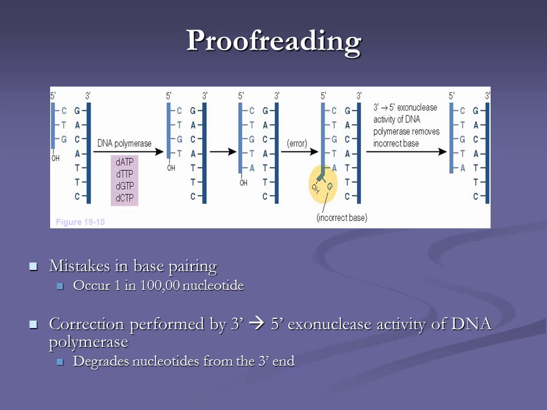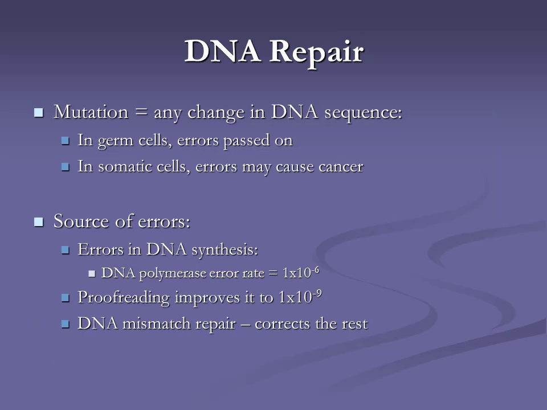Now that's pretty good. If you do something 1 million times in a row and you only have one mistake, that's a pretty good day, right? But when you look at the proofreading, that improves the mistake from 1 million to 1 billion. One mistake in 1 billion bases. So essentially, you're not going to make a mistake.